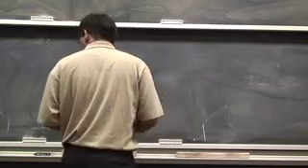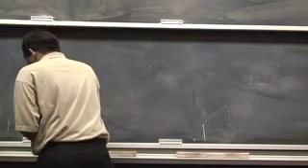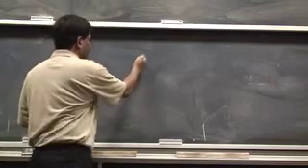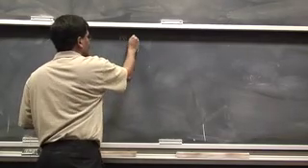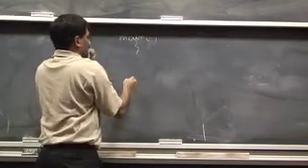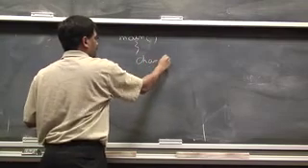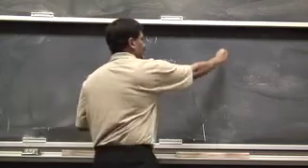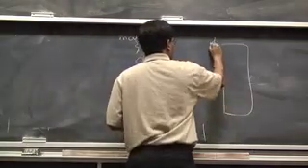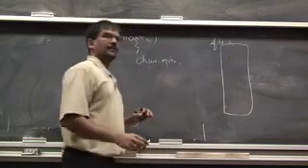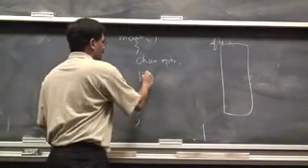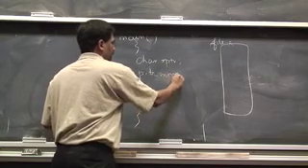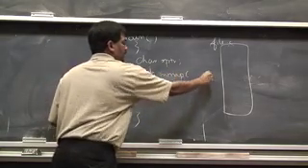Essentially, what you do is, suppose you have a file called file.c, and this is the C way of doing it.